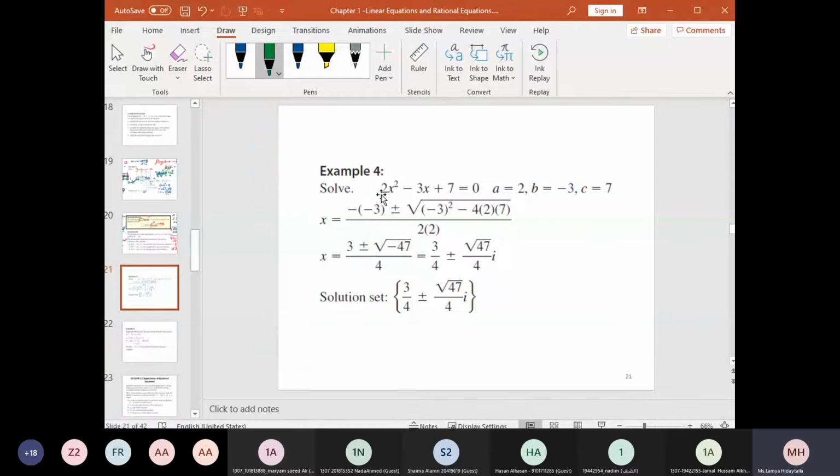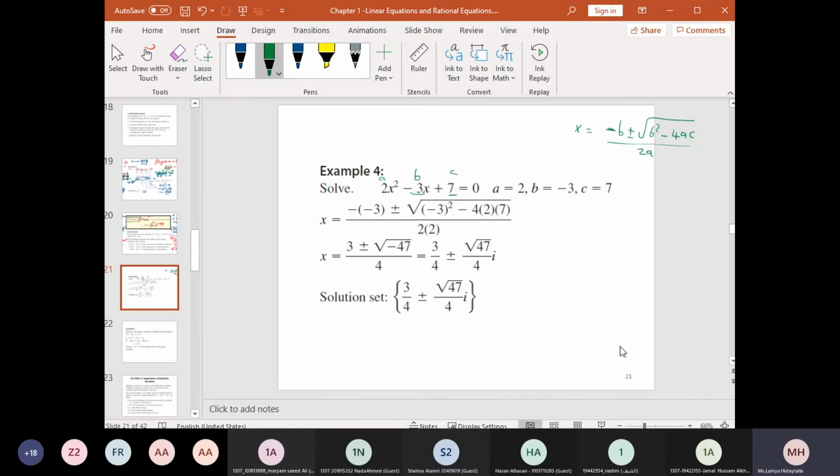Let's solve this equation: 2x squared minus 3x plus 7 is equal to 0. First of all, we have to write the formula. Make sure that you write the formula: x equals minus b plus or minus square root of b square minus 4ac over 2a, and find a. So this one is a, and the minus 3 is b, and c is 7.